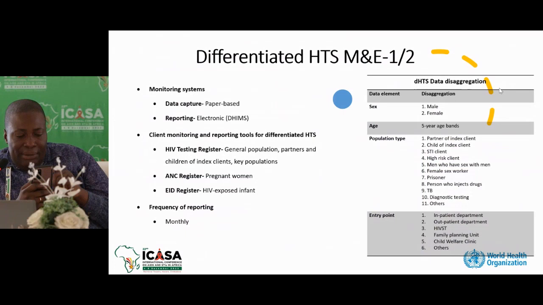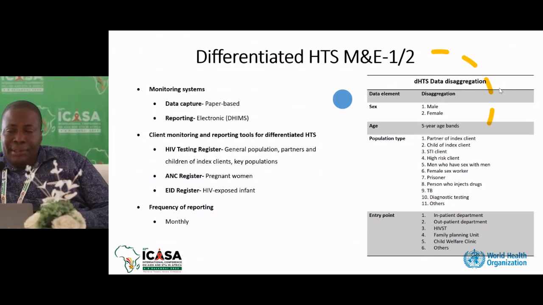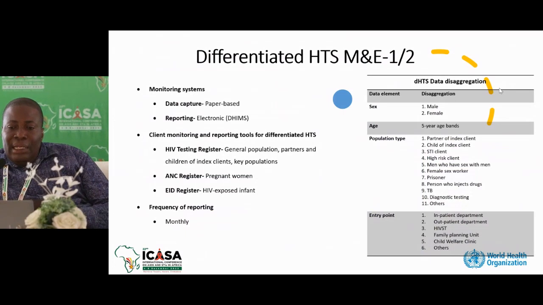And we take various indicators from different tools: the HIV testing register, the ANC register, the early infant diagnosis register. And then we report monthly, electronically. There are different indicators that we look at: the demographics, the age, the gender, and then specific indicators that we look at when it comes to these tools.